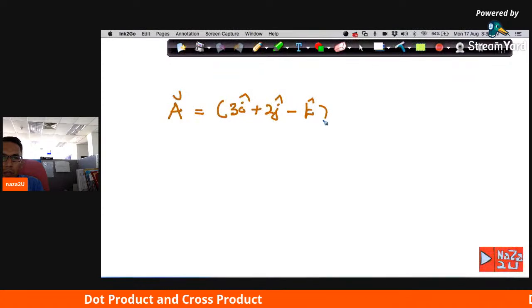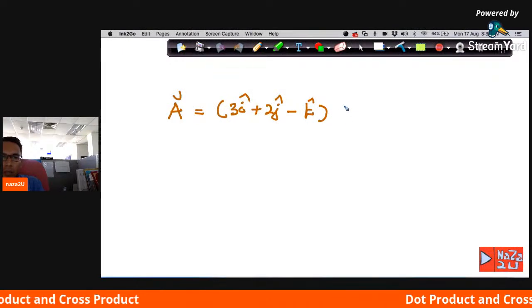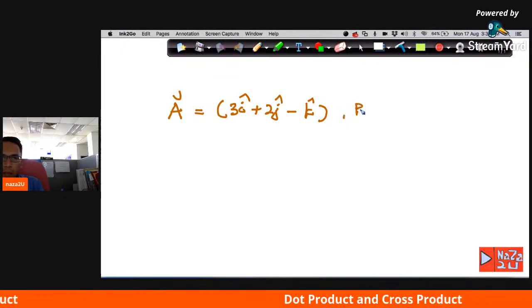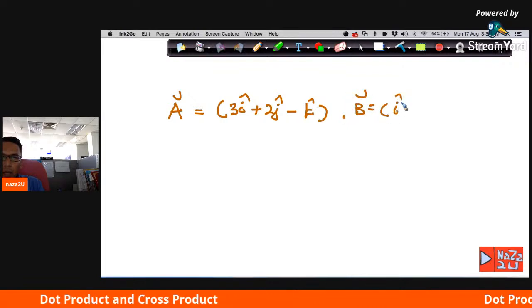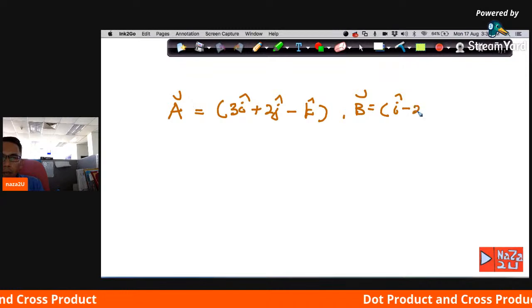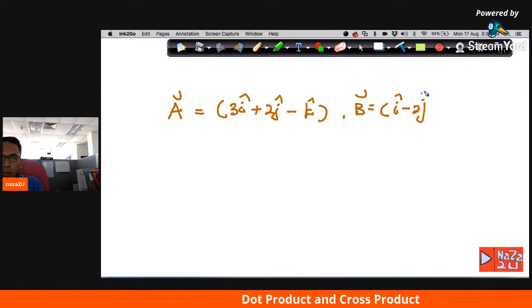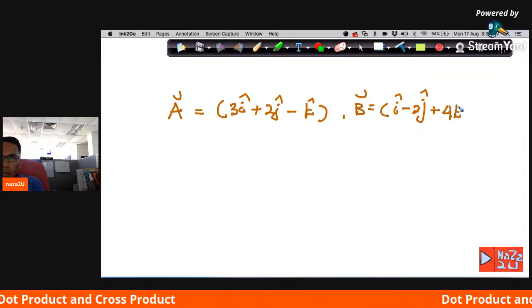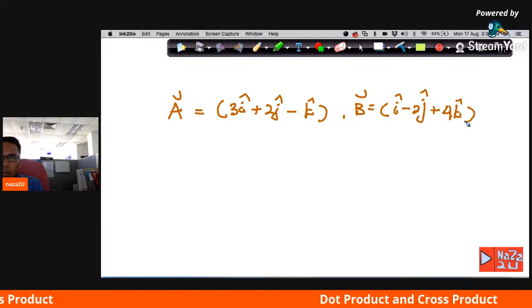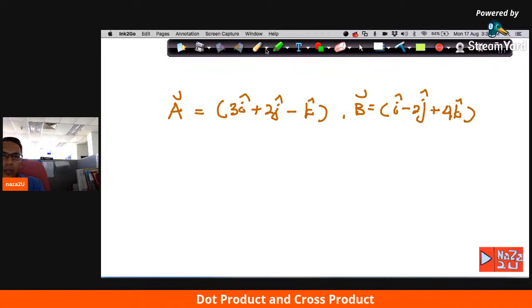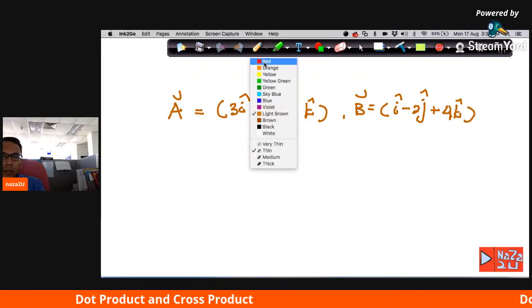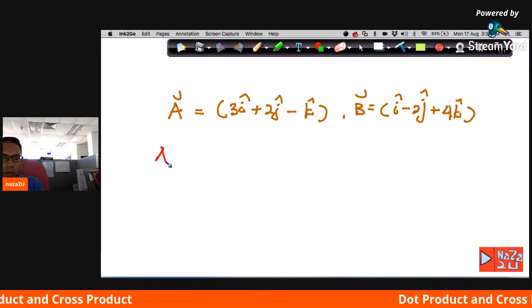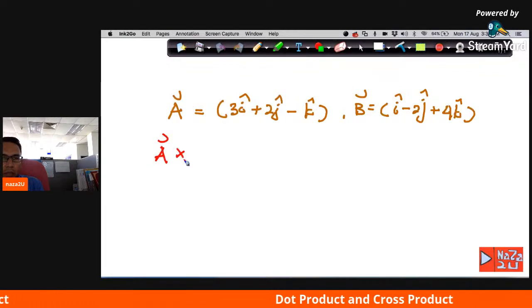This is vector A, and we have a vector B. Vector B is equal to i, let's say, minus 2j and plus 4k, right? So these are the two vectors here. Now, if the question asks you for vector A cross vector B.